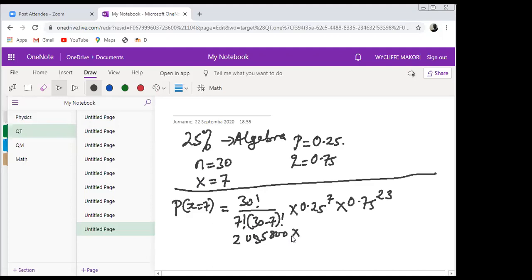Without losing what you have on your calculator, you just put times, open another bracket, 0.25 power 7, close the bracket, times, open another bracket, 0.75 power 23, close the bracket, then you say equals.